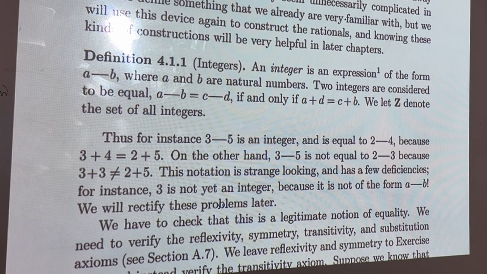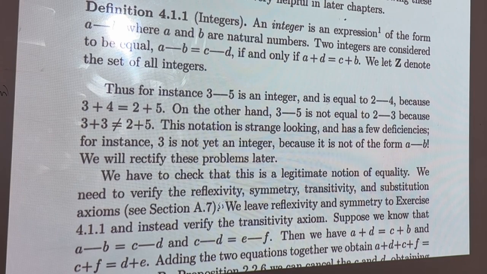We have to check that this is a legitimate notion of equality, because mathematically it should be well defined. Yes, you can write 3 as a subtraction of 2 natural numbers. That's what I was going to ask. But we haven't defined that dash notation. Now you are thinking 3 is equal to 5 minus 2.